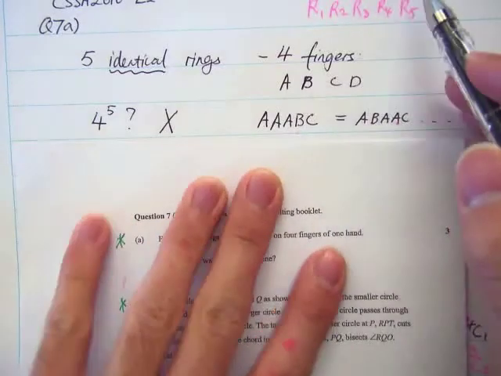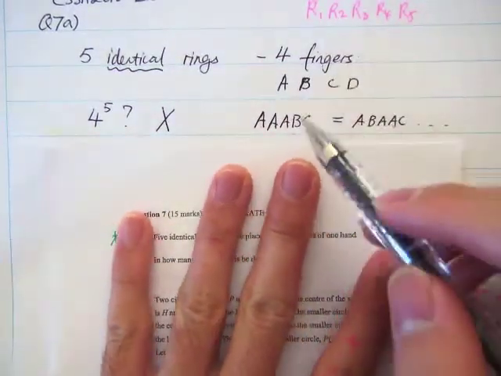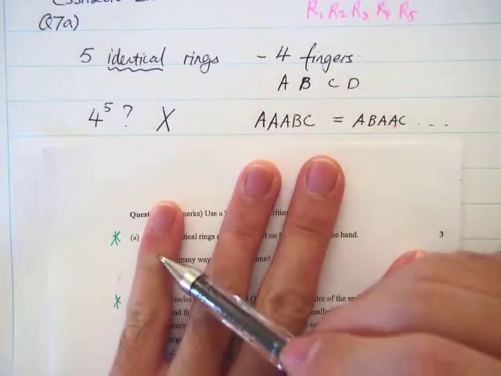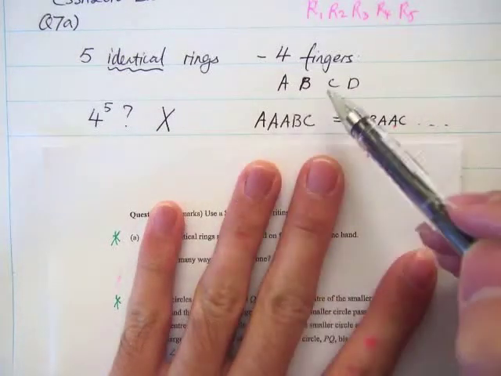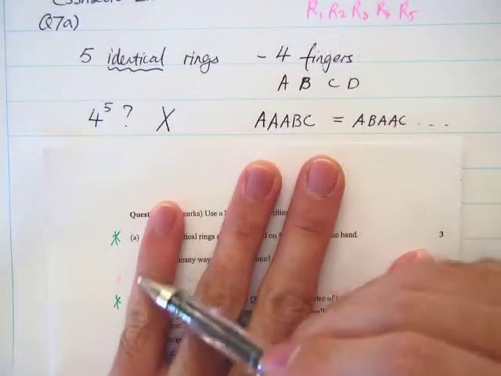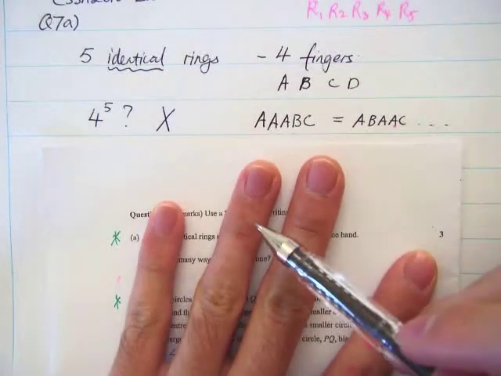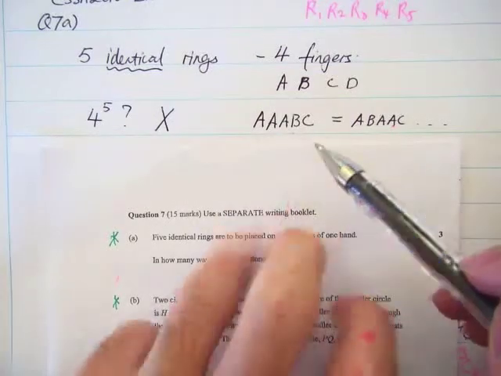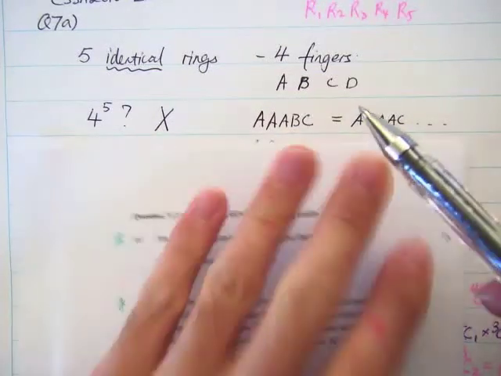Well, let's have a look at the scenario here. Let's say ring number 1 got finger A, ring number 2 got finger A, ring number 3 got finger A, so there are 3 rings here. Ring number 4 got this finger, and ring number 5 got this finger.